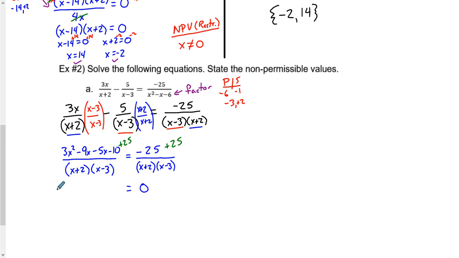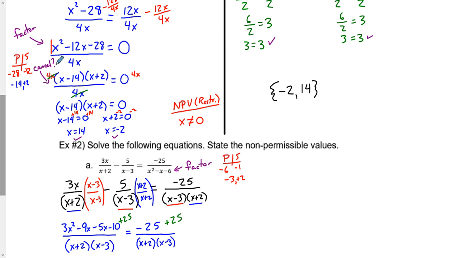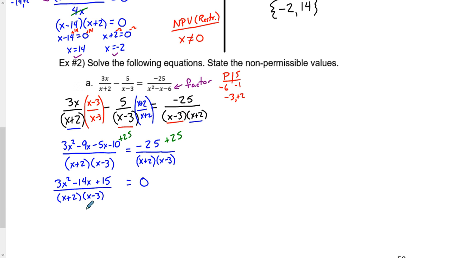On the left-hand side, I have a 3x squared, a -14x, and a positive 15 over an x plus 2, x minus 3. Now, just like the previous question, when we got to this stage where one thing equaled 0, we need to factor here.